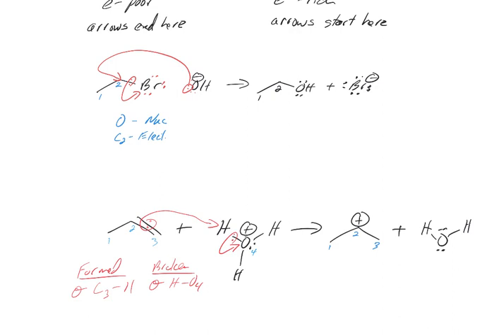Hopefully that makes some sense. Then I could ask, which is the nucleophile, what's the electrophile? The pi bond between C2 and C3 is the nucleophile, and the H is the electrophile.